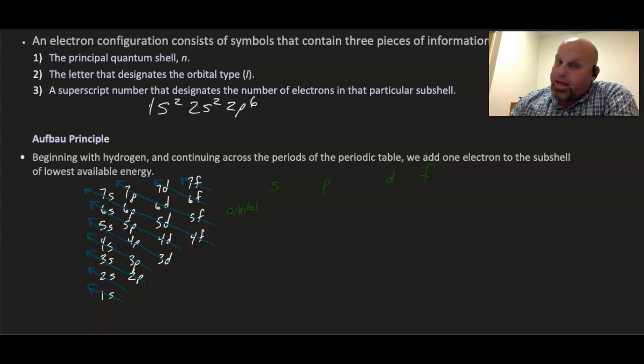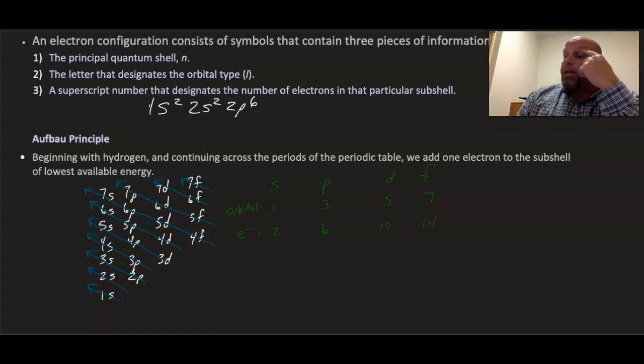The S subshell has 1 orbital, the P has 3 orbitals, the D 5, and the F 7. And each orbital can hold a maximum of 2 electrons. So the S subshell with 1 orbital can hold 2 electrons. The P with 3 can hold 6. The D with 5 can hold 10. The F with 7 can hold 14.